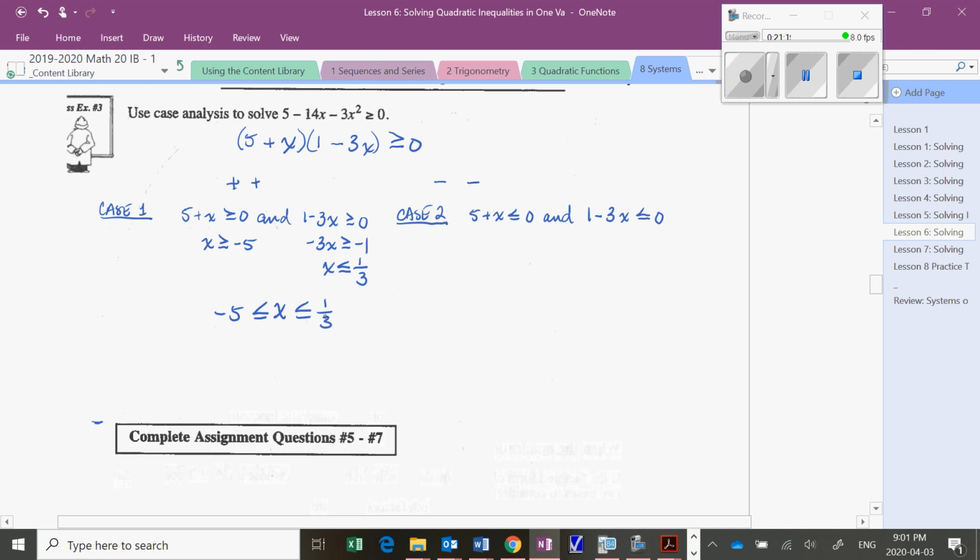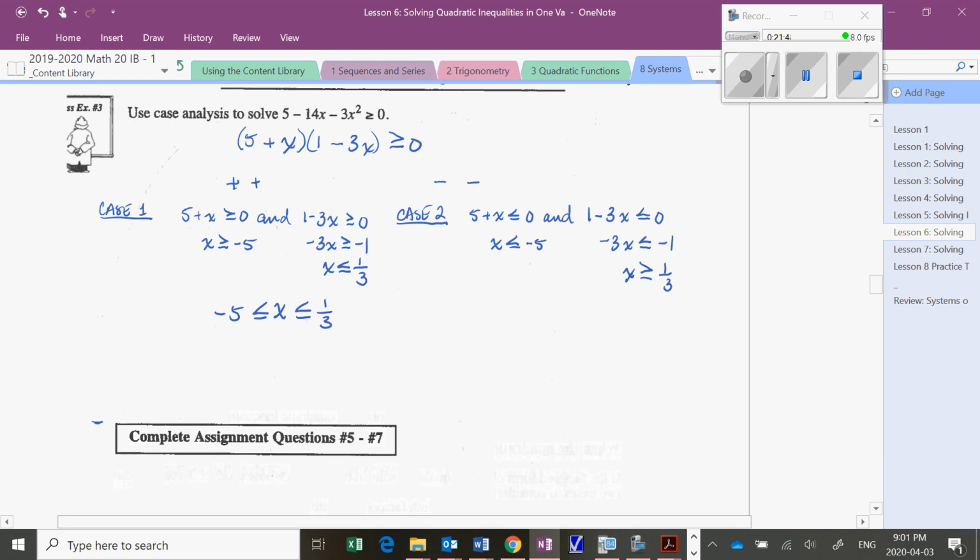So that works, which should suggest that the other one wouldn't, but I think it's really important to still go through the steps just to make sure that we didn't make a mistake in case 1. So x is less than or equal to negative 5, and at the same time, again, subtract 1, so negative 3x is less than or equal to negative 1, dividing both sides by negative 3, which means we're flipping the sign, so x is greater than or equal to 1/3.